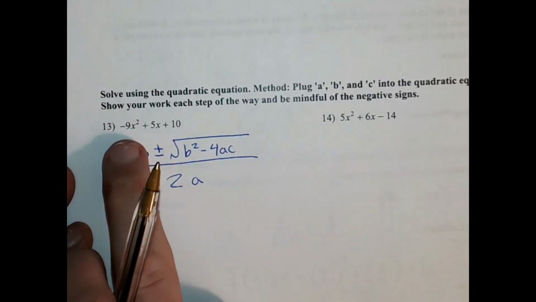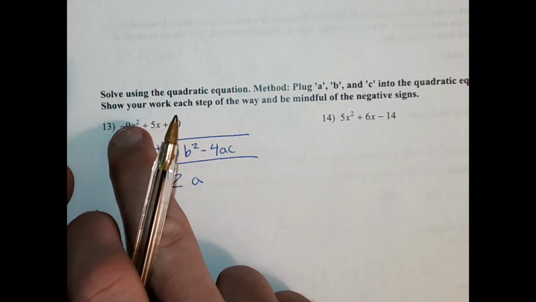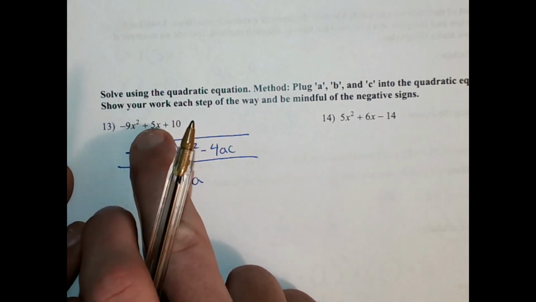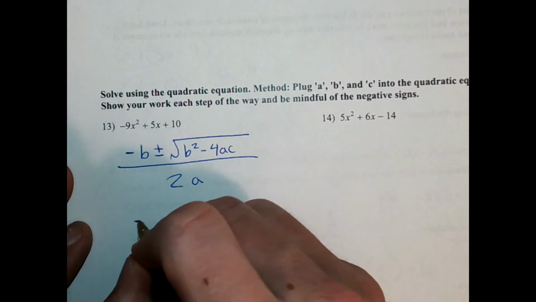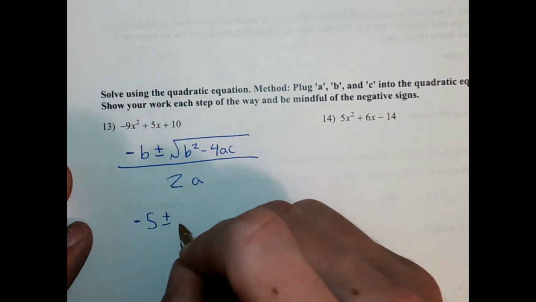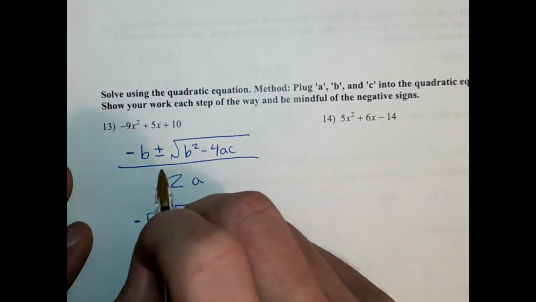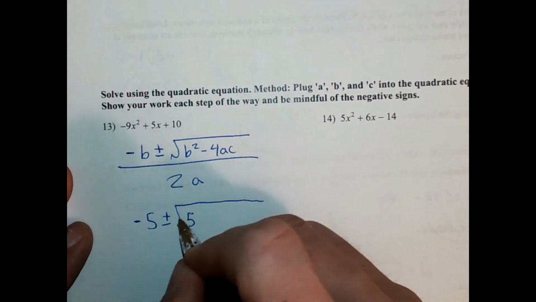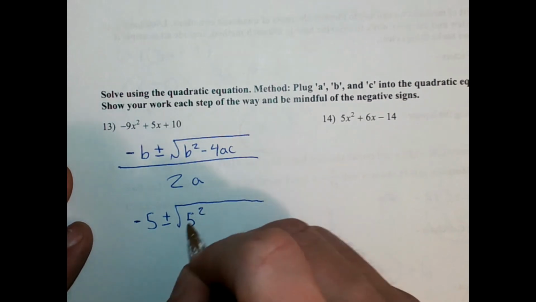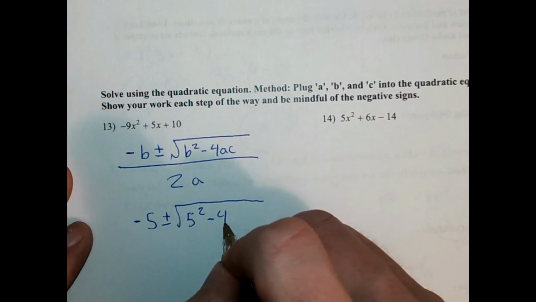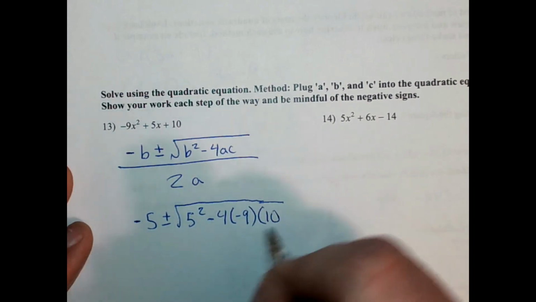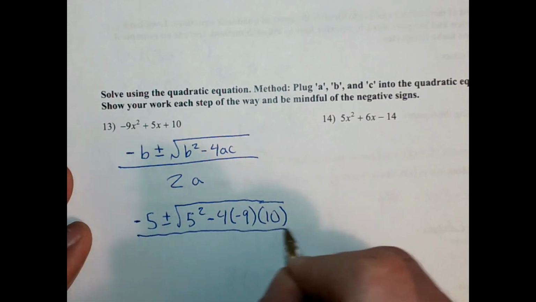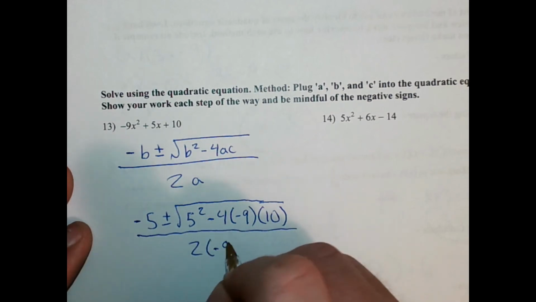And now I'm just going to plug in a, which is negative 9, b, which is 5, and c, which is 10. Negative 5 plus or minus the square root of 5 squared minus 4 times negative 9 times 10, all divided by 2 times negative 9.